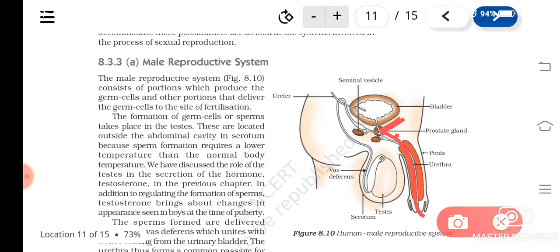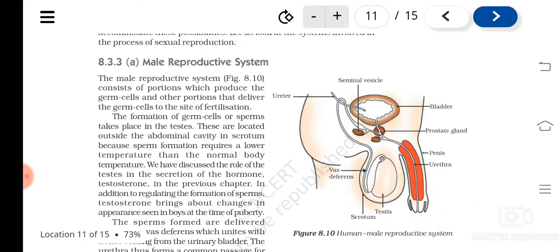The scrotum can shrink and bring the testis towards the body, so that it can maintain the temperature. And if the temperature is high, then it can dilate and keep the testis a little away, at a distance. So in this way the scrotum helps to adjust the temperature.